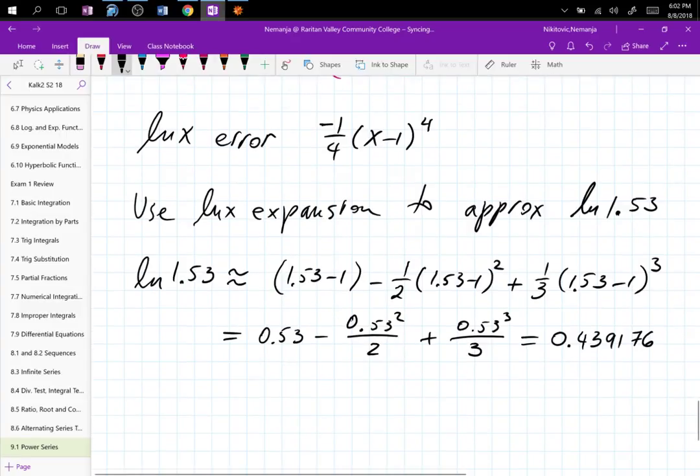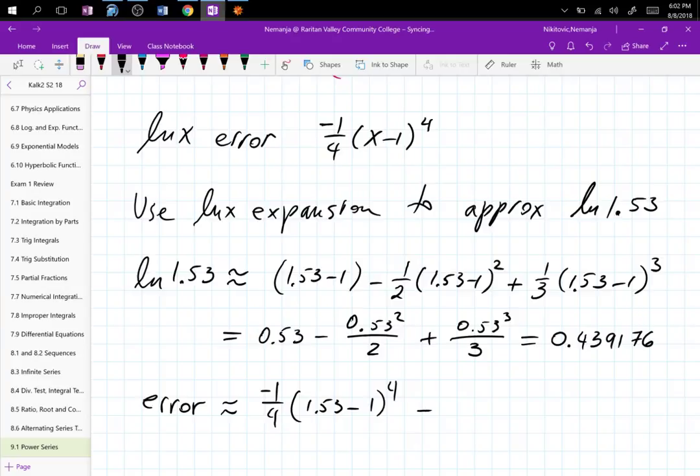The error would be about negative 1/4 of 1.53 minus 1 to the fourth. So now I compute that as well: 0.53 raised to the fourth power, everything divided by 4, so the error would be about negative 0.019726. So that's the error.